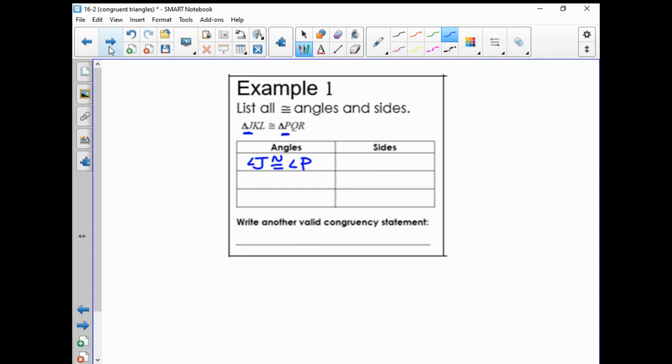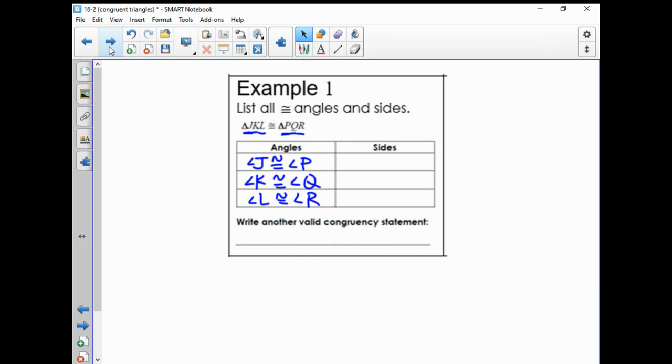Same thing with the middle letters, K and Q are going to be congruent. So angle K is congruent to angle Q, and the last letters are also congruent. Angle L is congruent to angle R. Okay, so that's what it means when we're asked about the congruent angles.